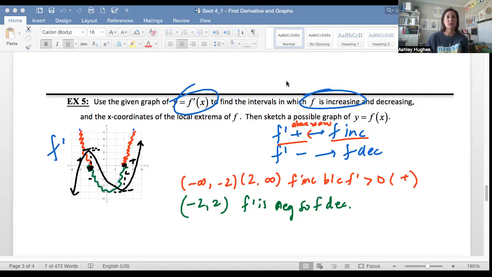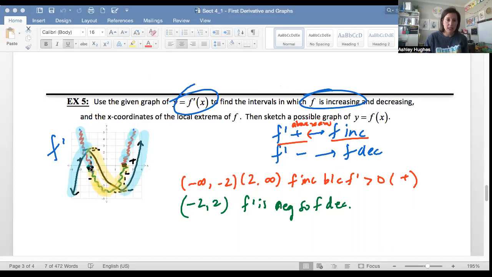Again, listen to my words really carefully. This function is positive, so this function's derivative, f prime, is positive, so f is increasing. f prime is positive here, so f is increasing. Then f prime is negative here, so that means the function is decreasing.